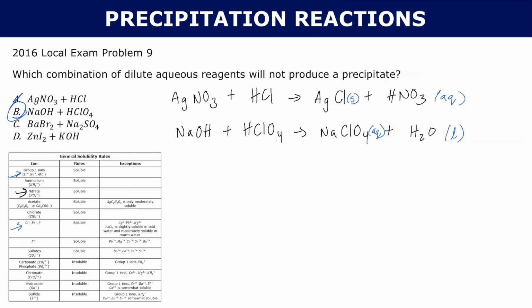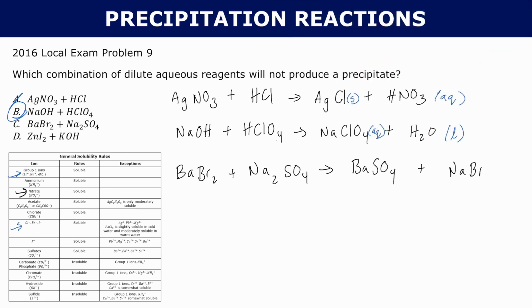So we have barium bromide, BaBr2, reacting with Na2SO4, sodium sulfate. So the barium is going to pair up with the sulfate to produce BaSO4, and the sodium pairs up with the bromide to produce sodium bromide.